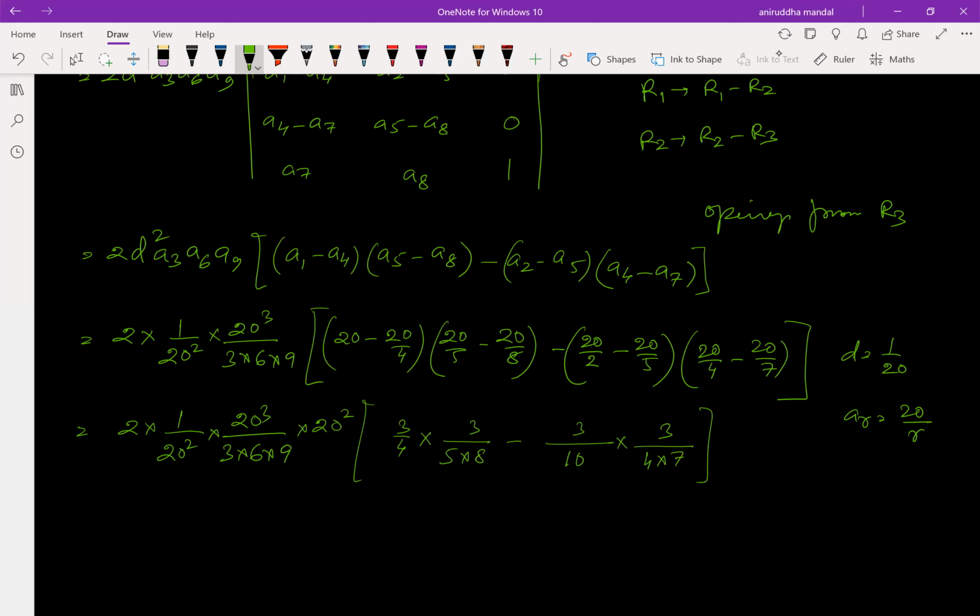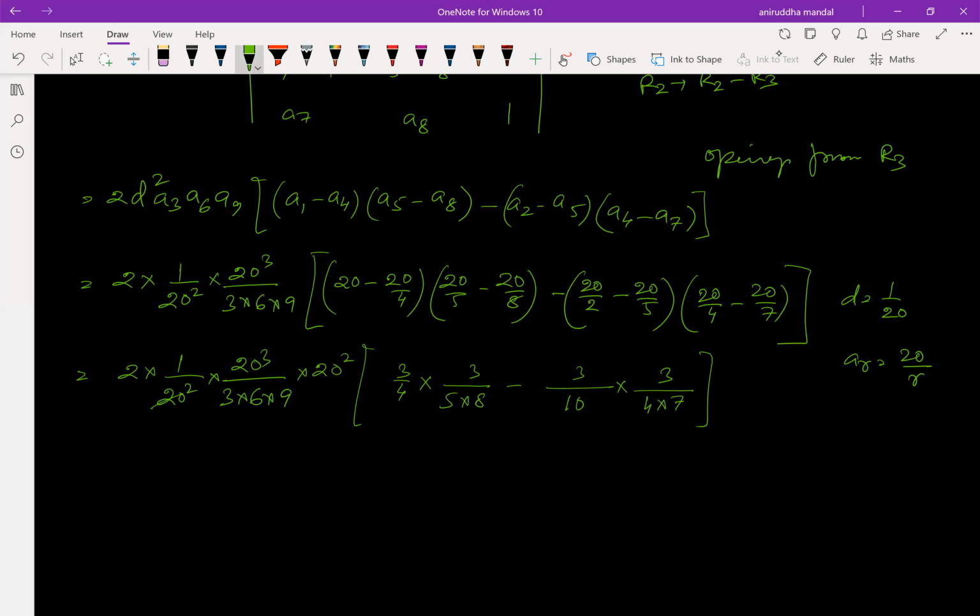So this 20 square will get cancelled. So 2 into 20 cube, 3 into 6 into 9, and we take 3 into 3, which means 9, out, divided by this, we have 4, and we have 8 into 40. We take 40 out.